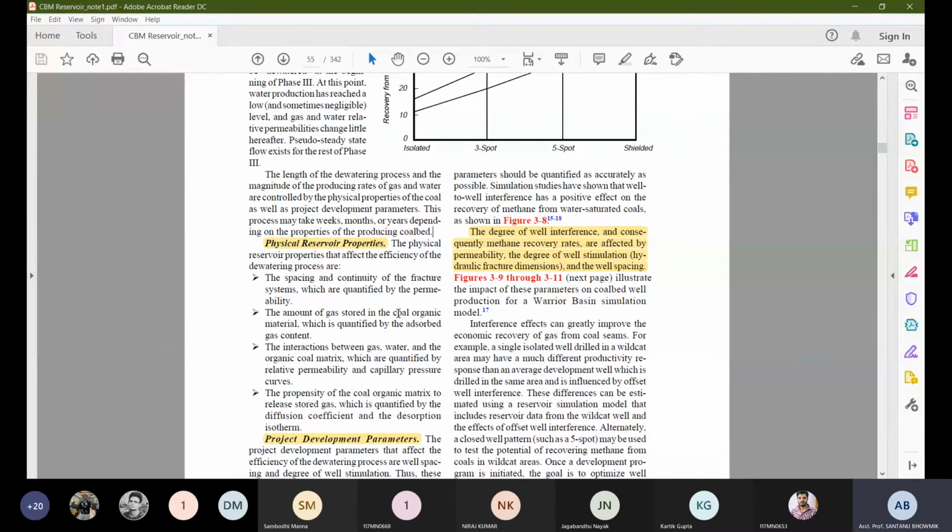Whereas if a particular type of coal has a very high moisture percentage or high volatile content or high ash content, obviously its corresponding carbon content will be much lower. It will not be very high grade. It will not be very high rank coal. So obviously it is going to affect the gas content, and so its production graph.